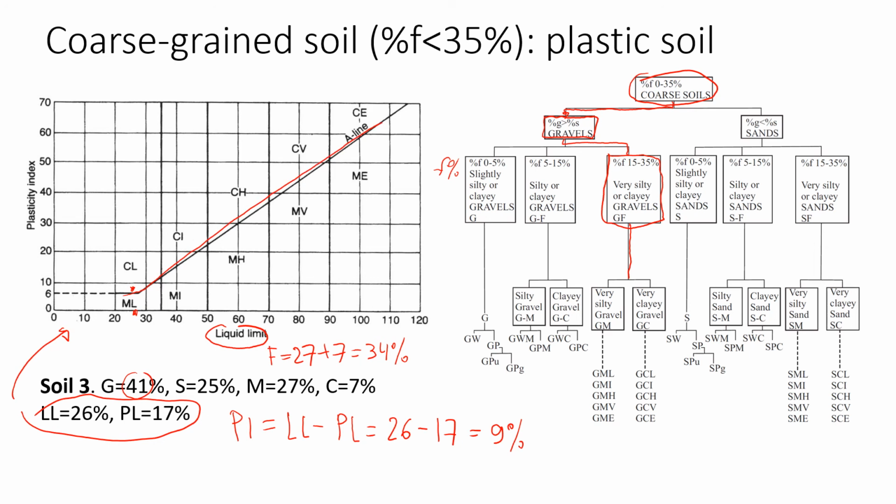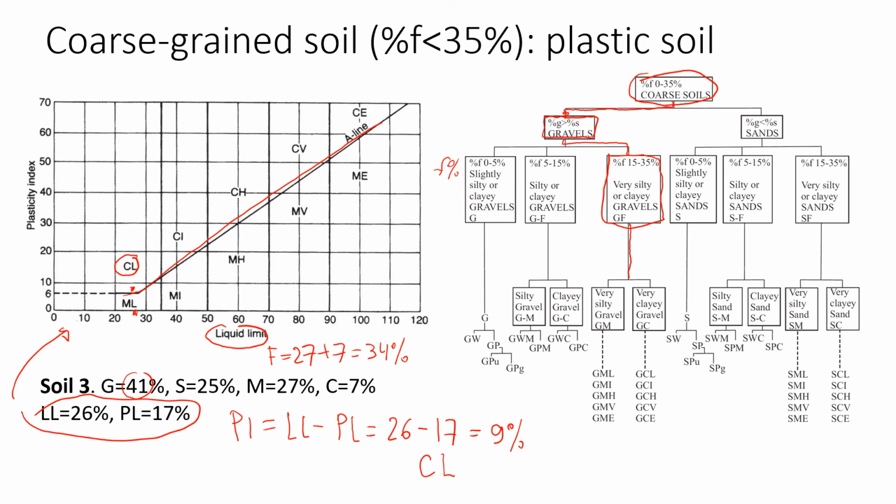So everything that is above the A line is clay. And in this case, according to the plasticity chart, we have clay. So let's write it down, CL. So you see we have more silt in this soil, but we classify it as clay because we classify it based on its plasticity, not on the amount of silt or clay in the soil.